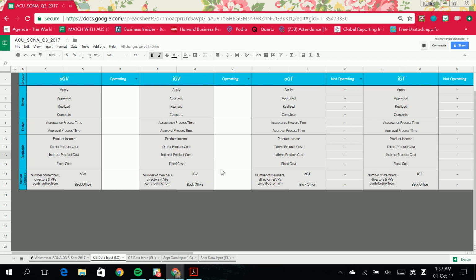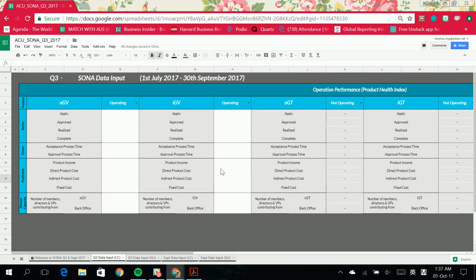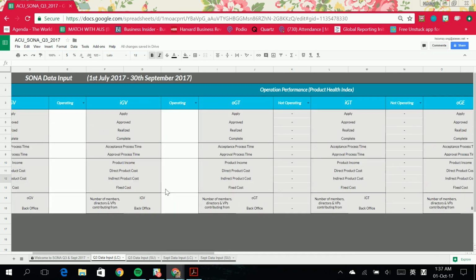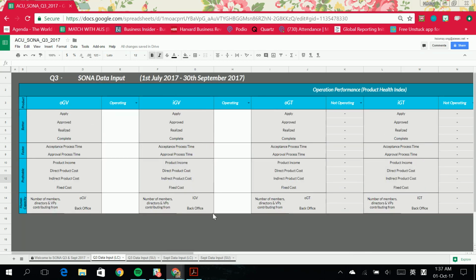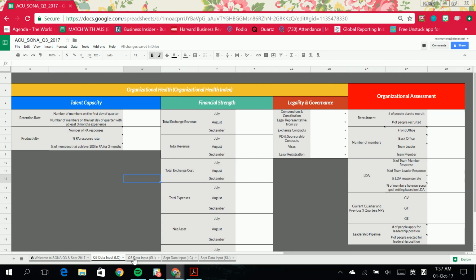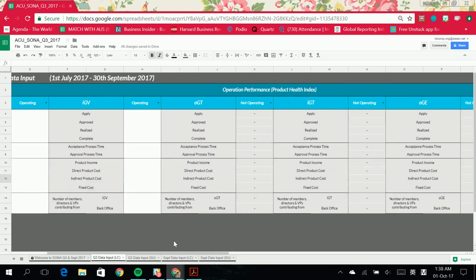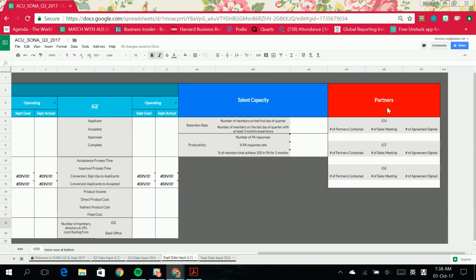Okay, so right now, if you are VP PD for IGV, you need to make sure you fill in this thing, which is, you go to the Q3 data input, you check through. Basically if you're a PD for IGV, you only need to go to September data input LC, go here, go to your partner tab.